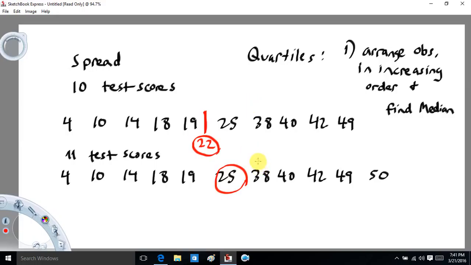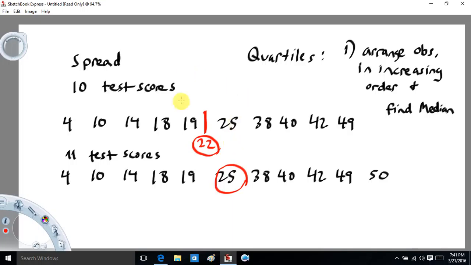Now, once we've arranged the observations in increasing order, from lowest here to highest here, and found the median, the next step is to find the first quartile. It's the median of the observations whose position in the list is to the left of the location of the overall median.